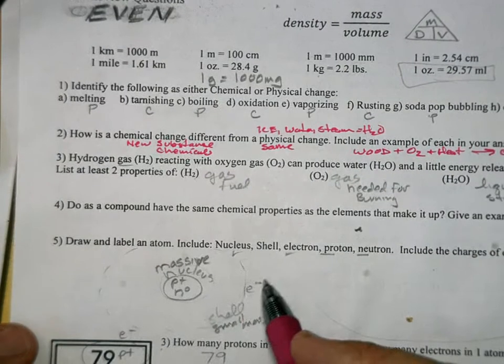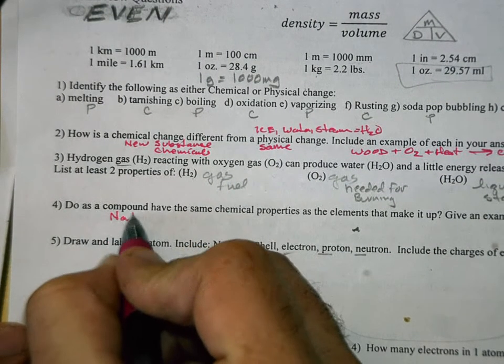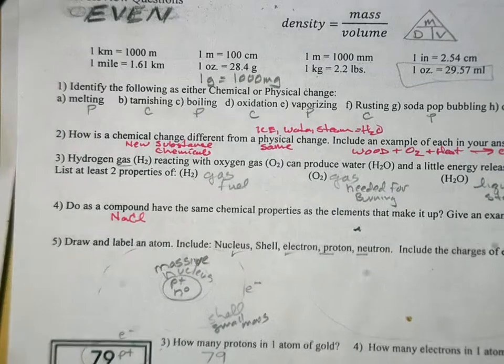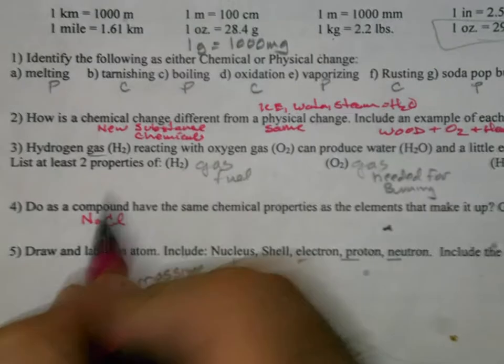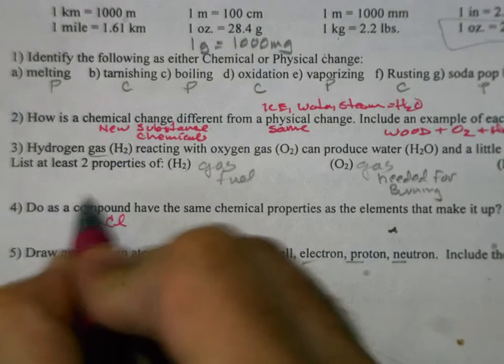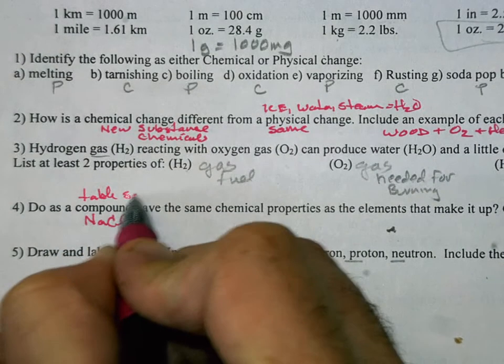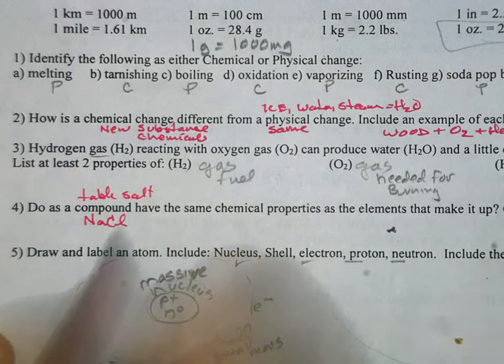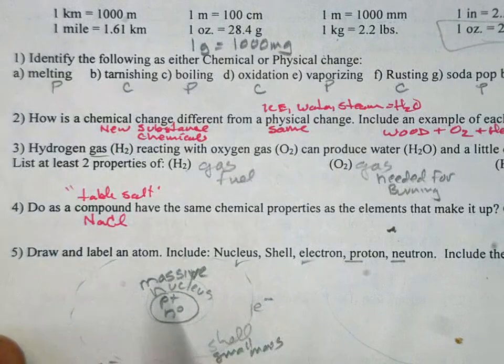Now let's come back. I'm going to give you my favorite example. Compound, table salt, NaCl, sodium chloride. I'm going to zoom in now. Sodium chloride is table salt. There's lots of different salts. Salt is technically a metal bonded to a non-metal, but when we say salt, we're usually thinking table salt.